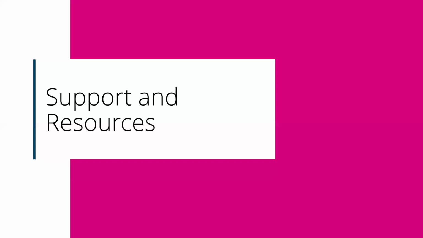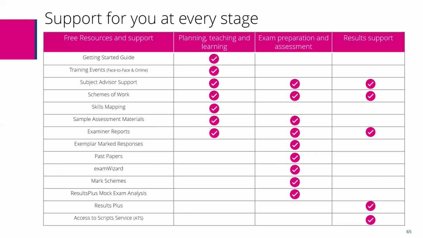Okay, so we're going to talk now about support and resources. So we've got the Getting Started guide, which is available on the landing page of the Spec A website. Training events, face-to-face events we run from time to time in some of those regions that you said you were joining from, but also online events.